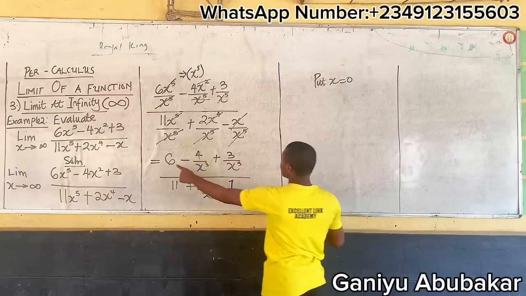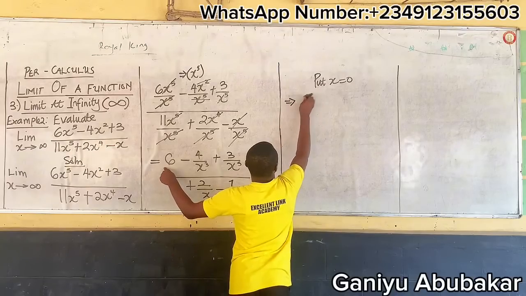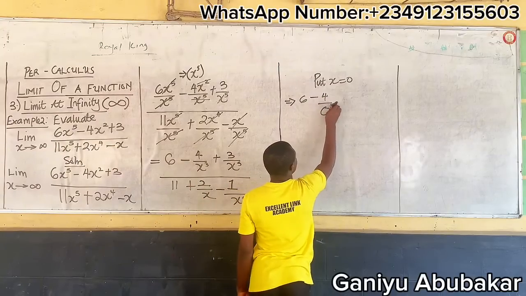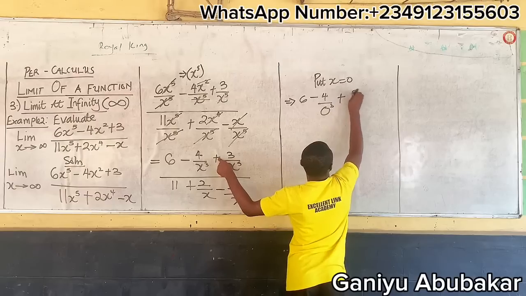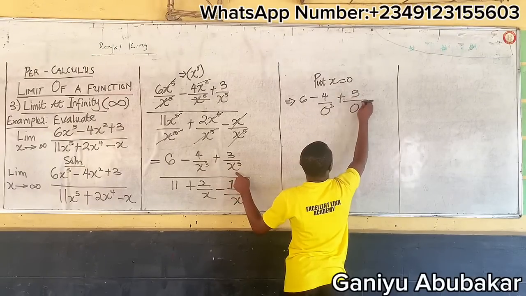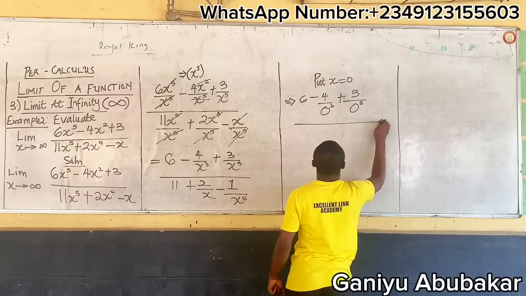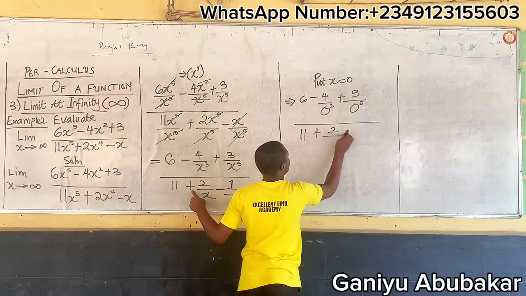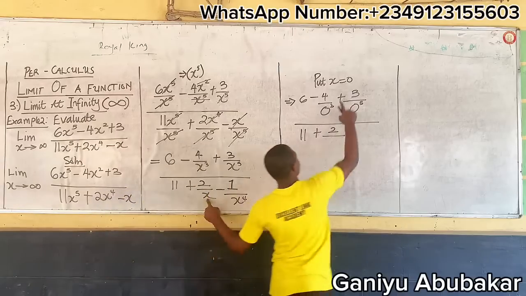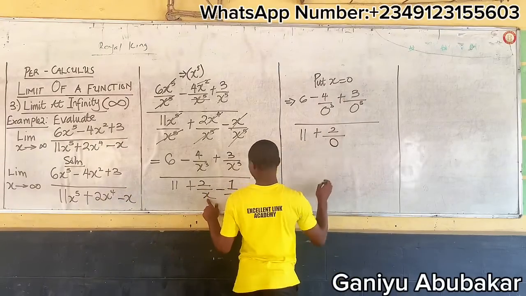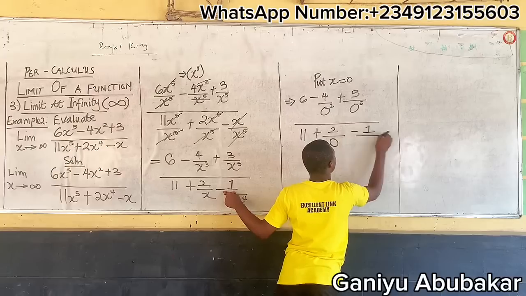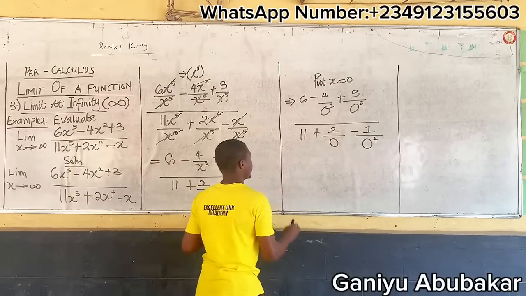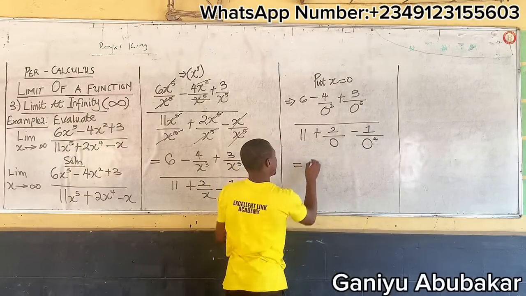So this becomes 6 minus 4 over 0 cubed, plus 3 over 0 to the power 5, all over 11 plus 2 over, anywhere you see x, please put 0 as established, minus 1 all over 0 to the power 4, right? So this is not equal to, I'll have 6 here.